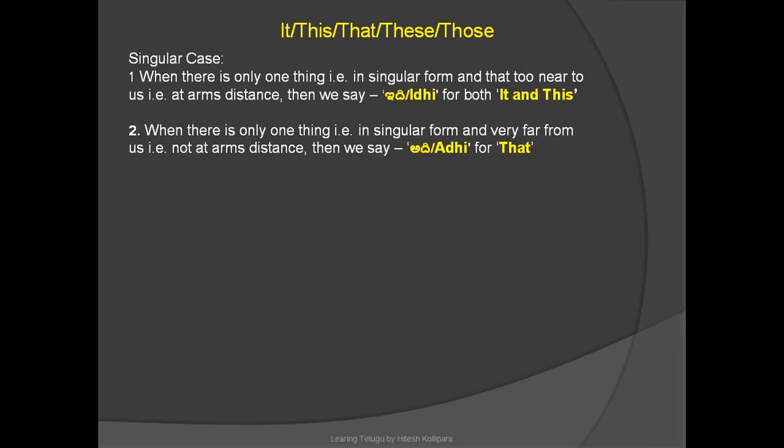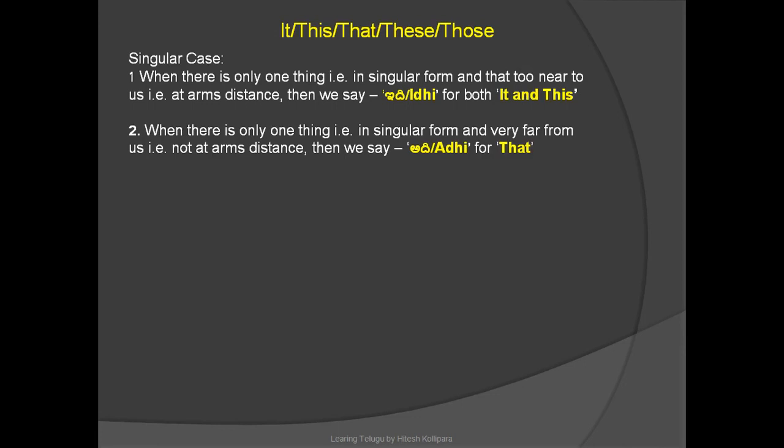We use a single word for denoting both it and this, and that is idi.